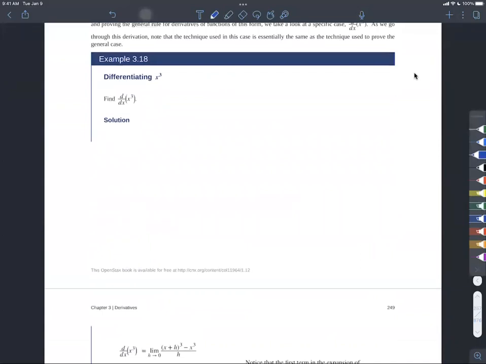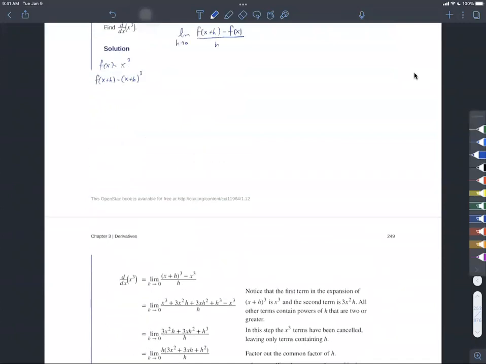So we're going to do the limit as h approaches 0 of f of x plus h minus f of x, and this is divided by h. Here, f of x we are taking to be x cubed. So f of x plus h is going to be x plus h cubed, which we can work out.